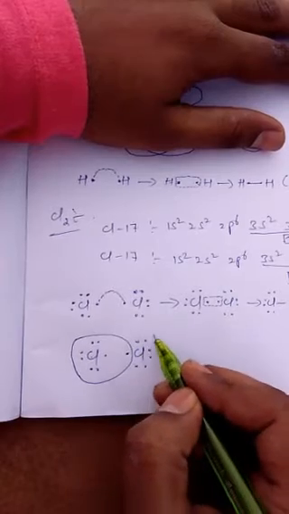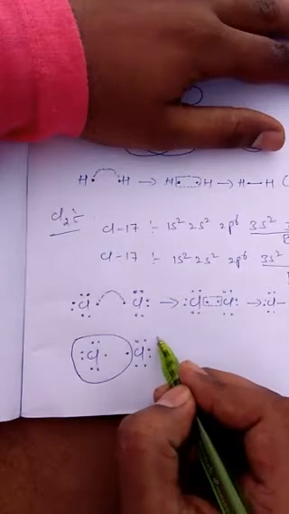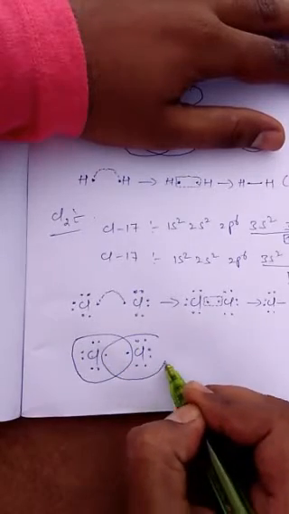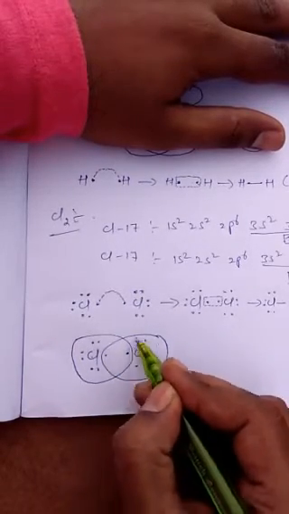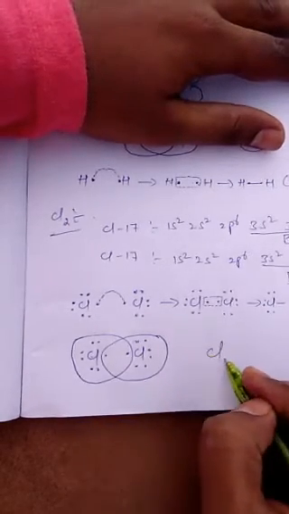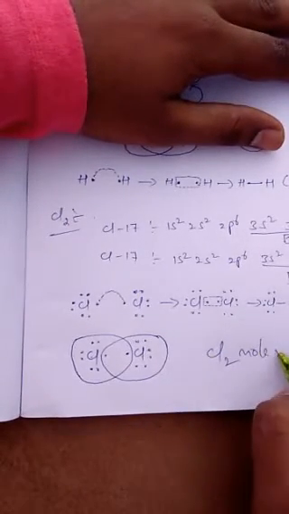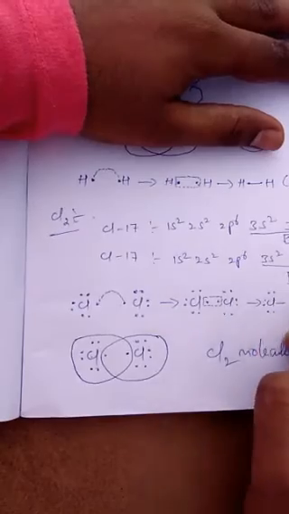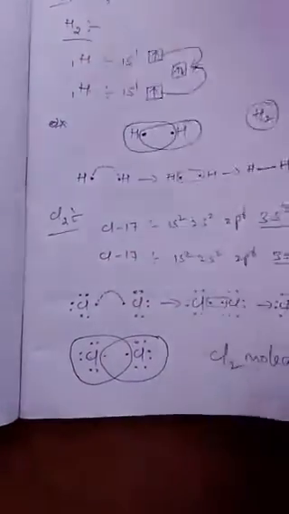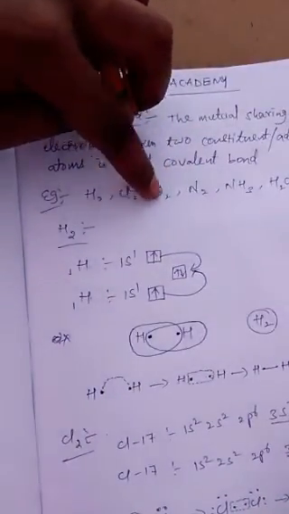For the second chlorine also, 7 valence electrons are there, so the second chlorine takes 1 electron from the first chlorine, and in this circle the total is 7 plus 1, 8 only. 8 means stable. Now in this Cl2 molecule, how many bonds are present between the two chlorine atoms? A single bond only. Next example is O2, the formation of O2.